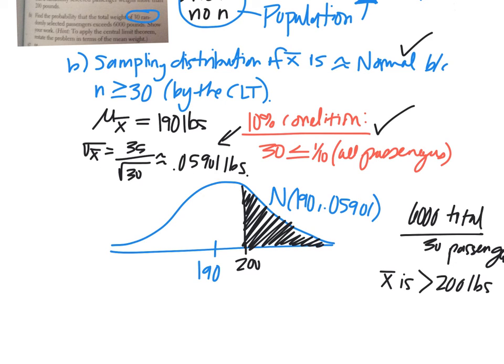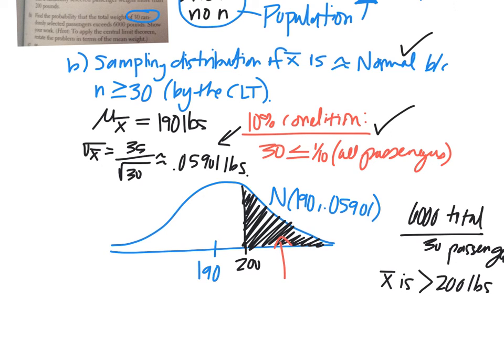I honestly don't want to change this. I don't want to have to combine means and standard deviations 30 times either, because then we'd have to actually add the variances 30 times to get the new mean and the new standard deviation. So it's easier just to change the problem to a mean instead of a total. So I do my good old normalcdf, or find a z-score and look it up in the table.